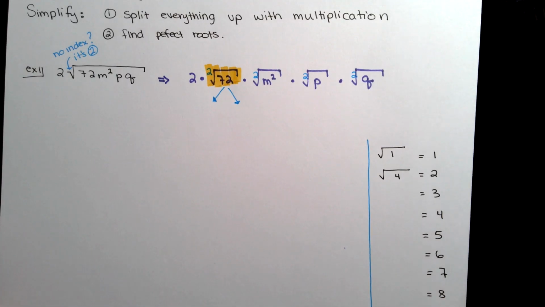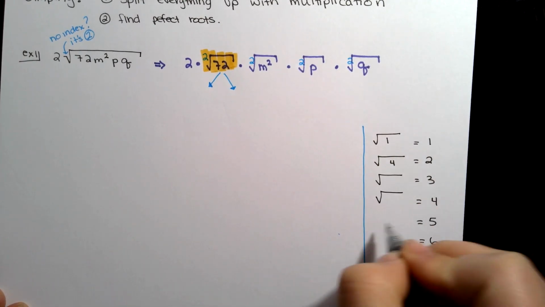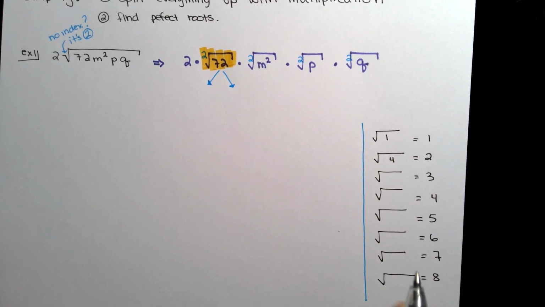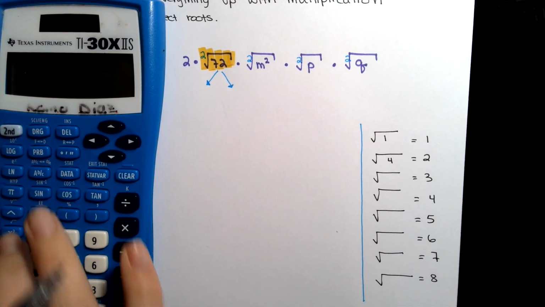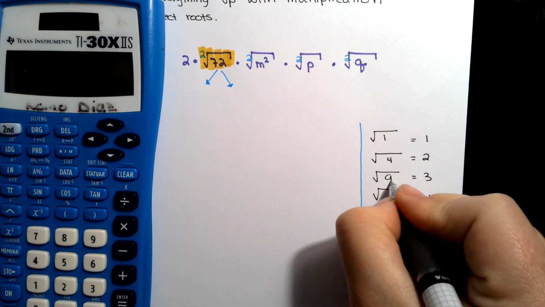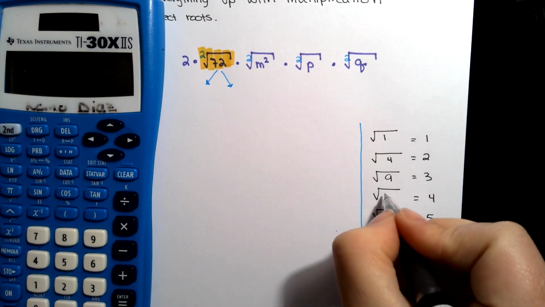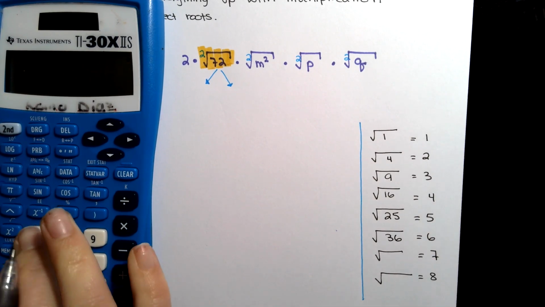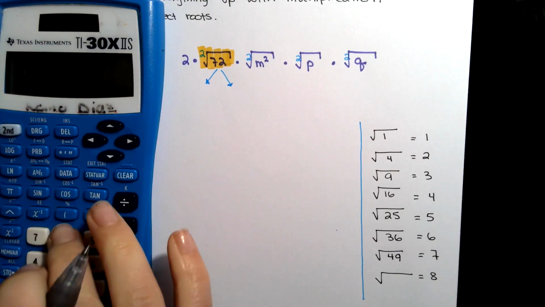I'm not going to write 9 because I know 9 times 9 is going to be too large. And this takes you a few seconds, and you have a calculator to help you with this. And you can just type in the squares. Let me find my calculator. So for example, we can just do 3 squared which is 9. So the square root of 9 is 3. 4 squared, we got 16, then 25, then 36. 7 squared is 49. And then we got 8 squared is 64.